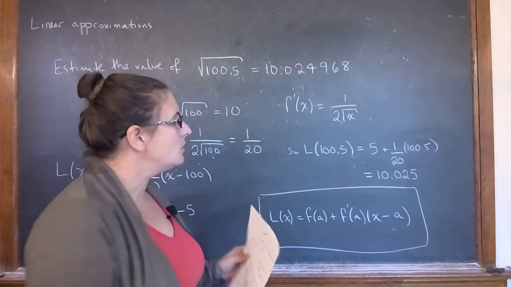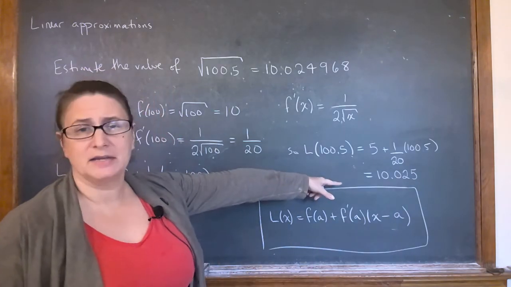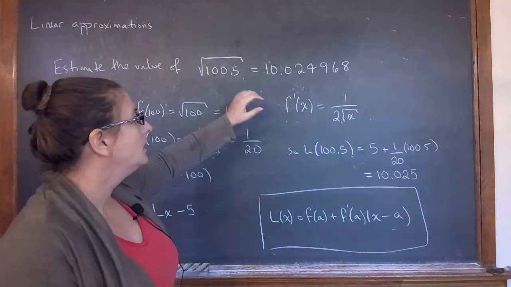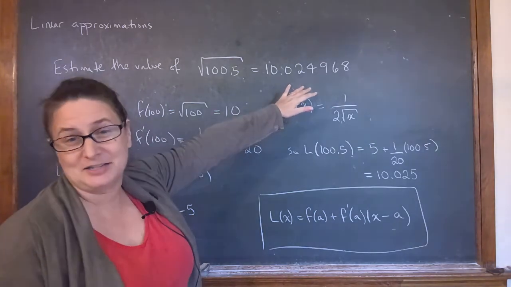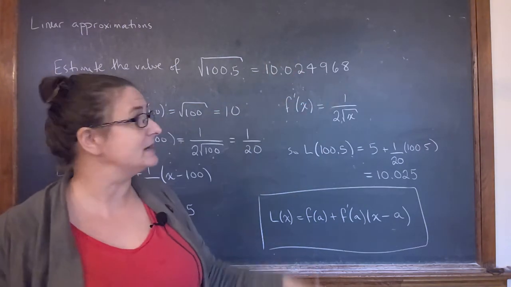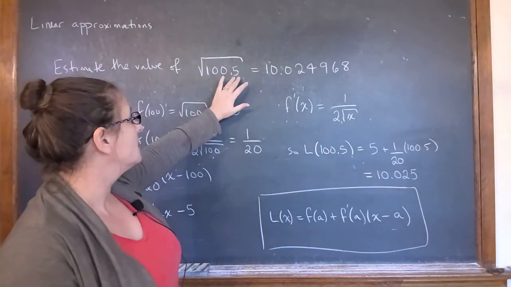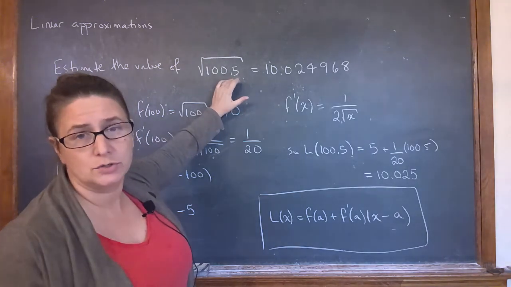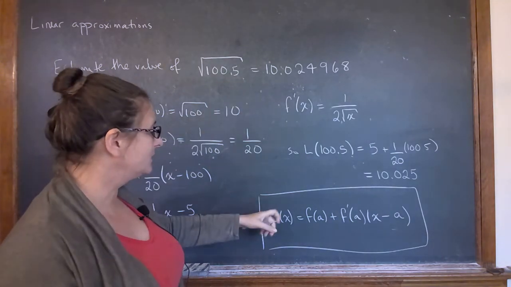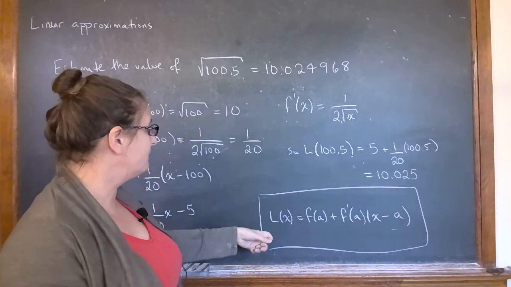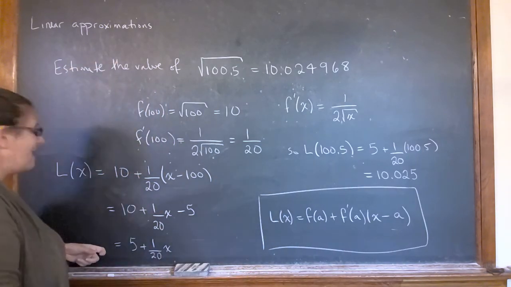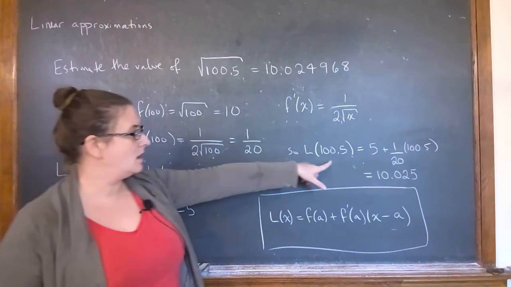So this was very easy to compute, and you really didn't lose much. That's of course because 100.5 is very close to 100. So this linearization is very good at this point.